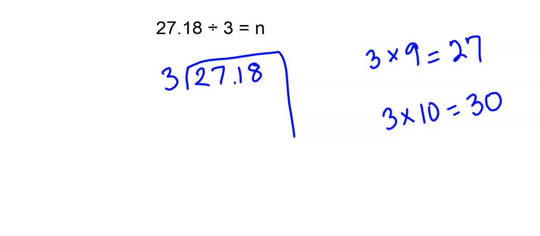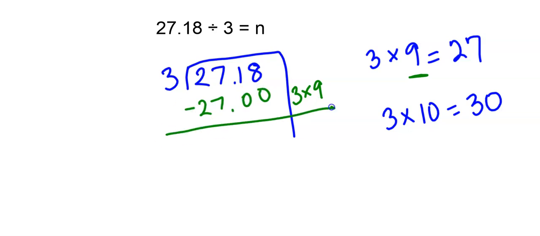So let's get started. Thinking about that estimate is really going to help me get started, because 3 times 9 is 27. And let's subtract. And now I have 18/100 left. Well, I know that 3 times 6 is 18.